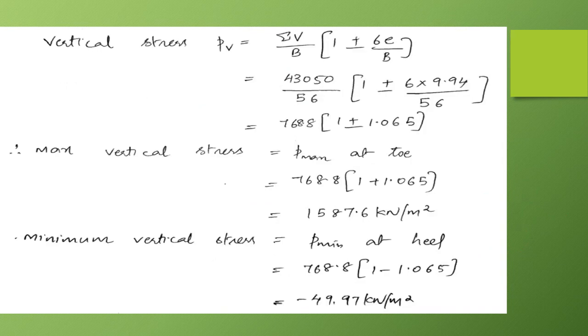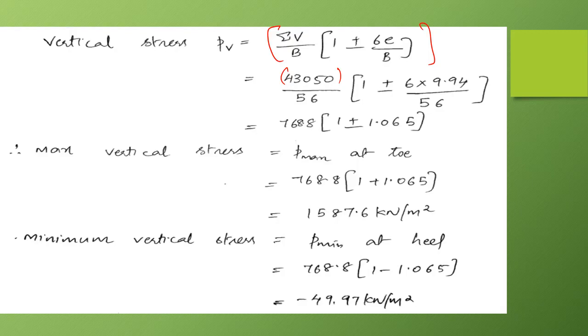Now we need to calculate the vertical stress. For vertical stress, we have discussed the equation earlier. PV is equal to sigma V by B into 1 plus or minus 6e by B. So sigma V as obtained previously, that is 43050, divided by base width 56, into 1 plus or minus 6 into eccentricity 9.94, which we just calculated, divided by 56.